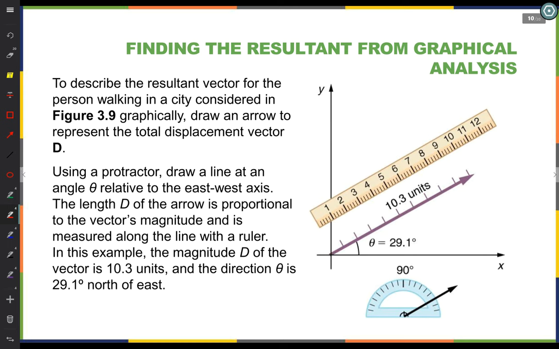Notice the x and y directions are defined here. If I don't have x and y defined, I really can't tell you how much in the x and how much in the y. But since I do, I know that that can be broken up into two lines.